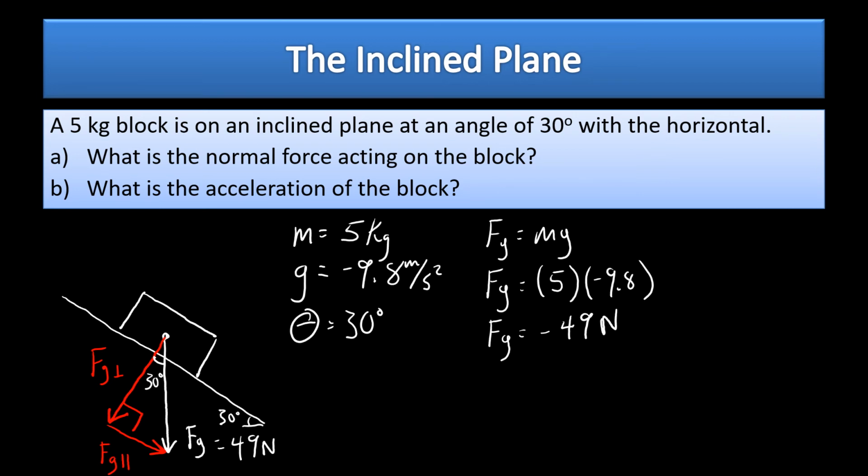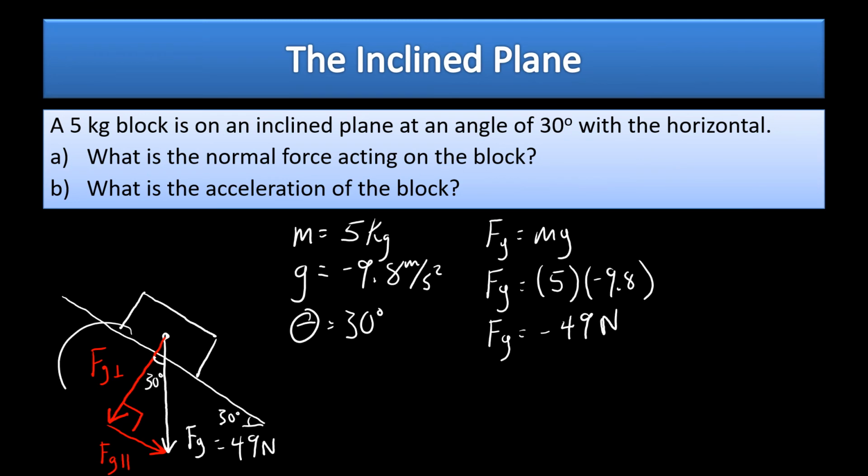Okay, down. So now, is this the opposite, adjacent, or hypotenuse of that triangle? It's the hypotenuse. And we have the hypotenuse, and here's your angle. What is the perpendicular component? The perpendicular component is adjacent.